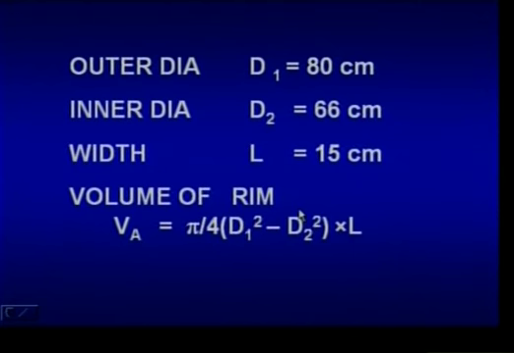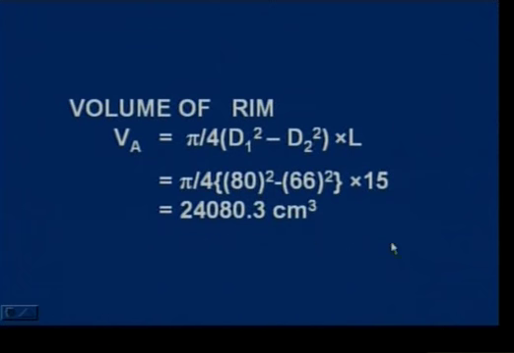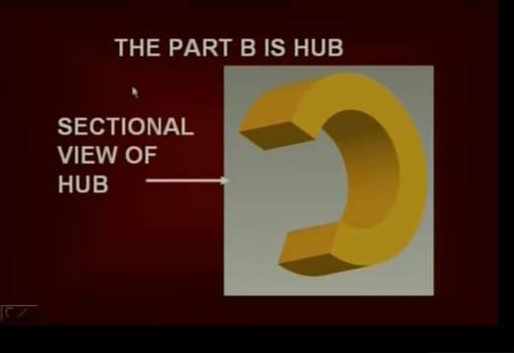Volume of rim denoted by V suffix A is equal to pi by 4 (D1 square minus D2 square) into L. By substituting D1, D2 and L values, by calculating, the value becomes 24,080.3 centimeter cubed.